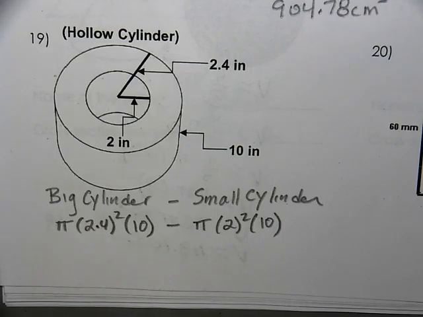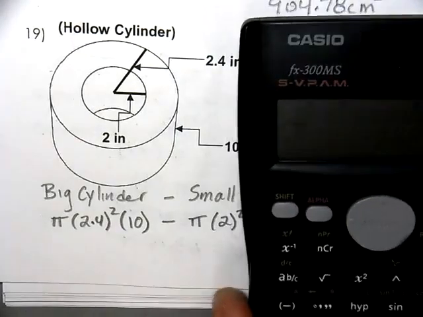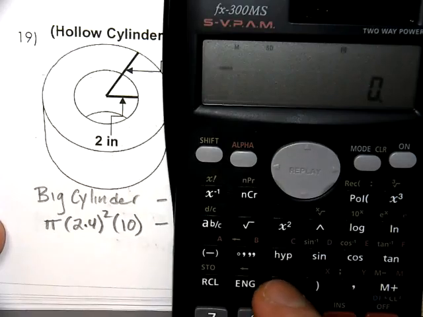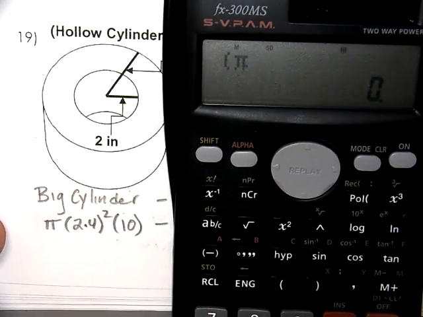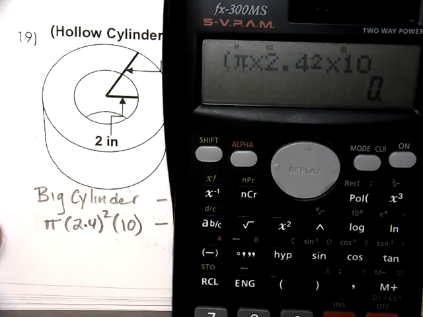And using our calculator, we can type that in. We'll take the big one, we'll use a parenthesis and say pi times 2.4 squared times 10. That's the big one.